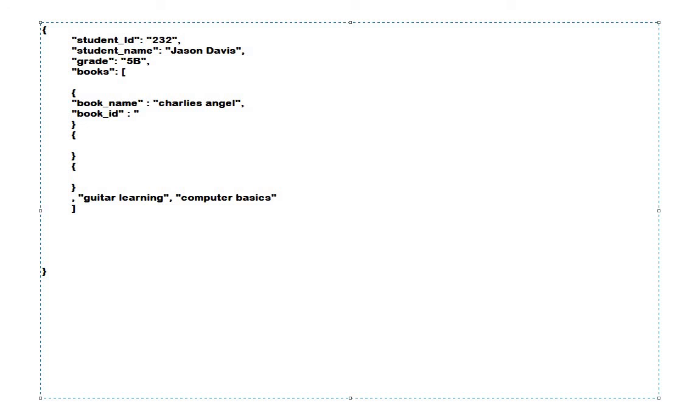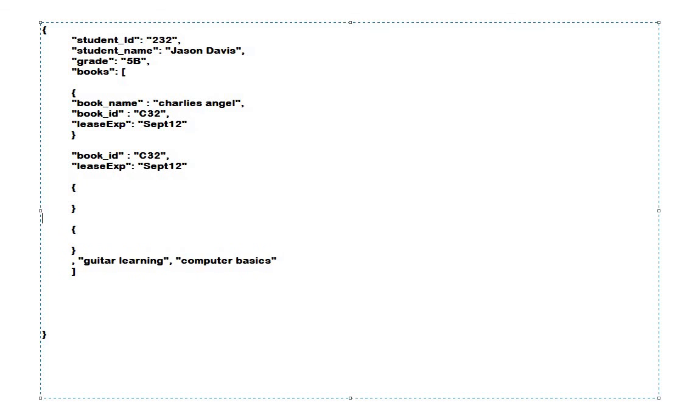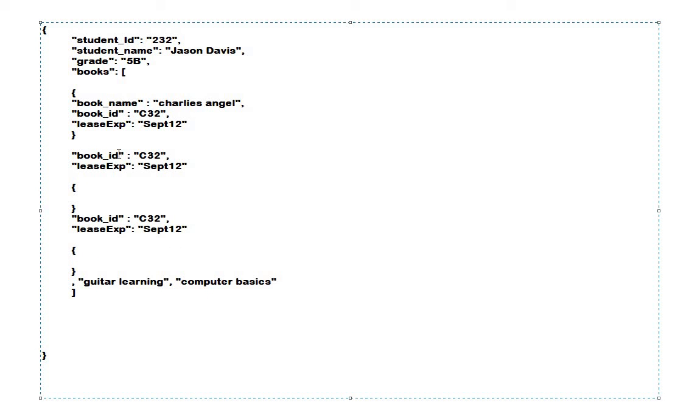The book ID would start with C, so 1 2 3, let's say, right? Maybe lease expires, maybe this is a date, let's say September 2/12, something like that. Let's add those here too. So the next one would be what? Guitar learning.